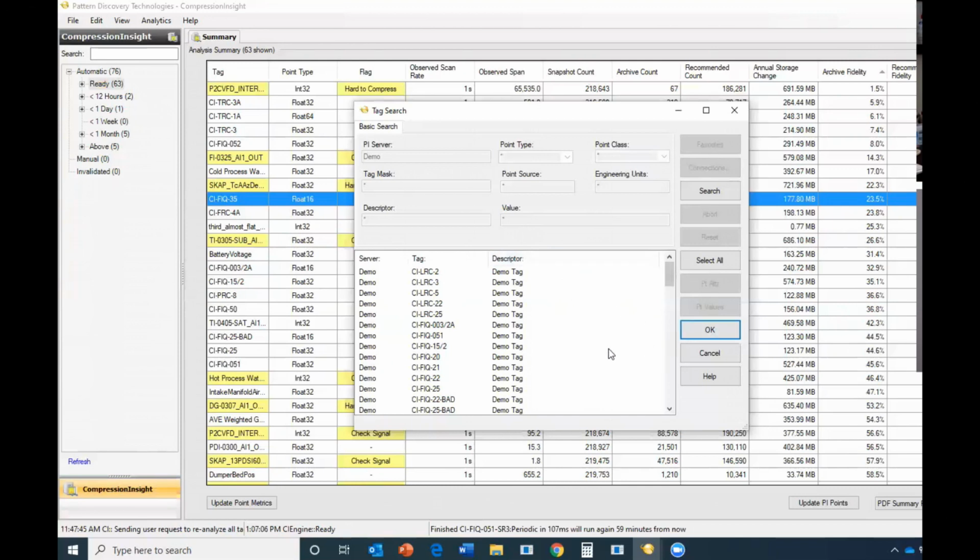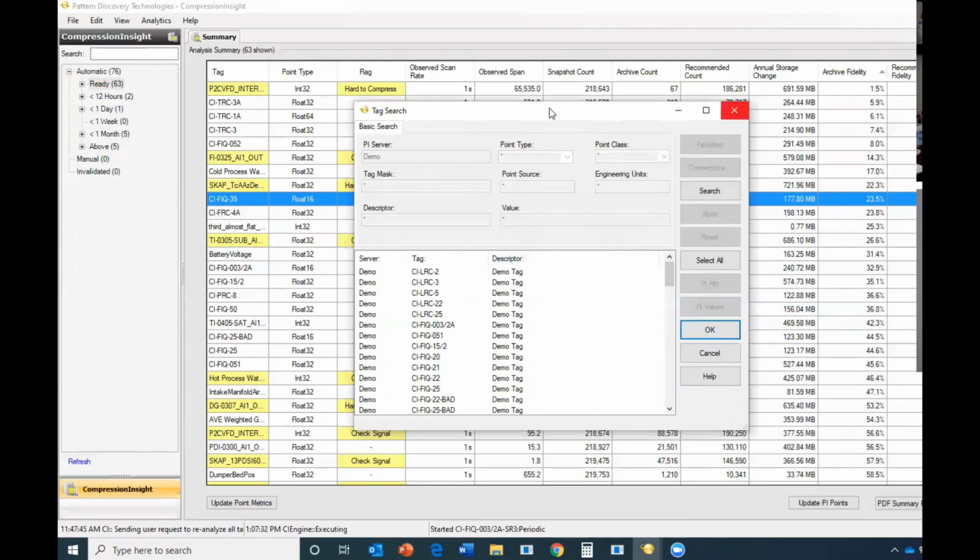It will promote the tags that have been selected for analysis in Compression Insight. As we discussed earlier in the previous sessions, we set the exception setting to 0 in order to be able to collect the raw snapshot. So it'll give you information regarding that whole process.